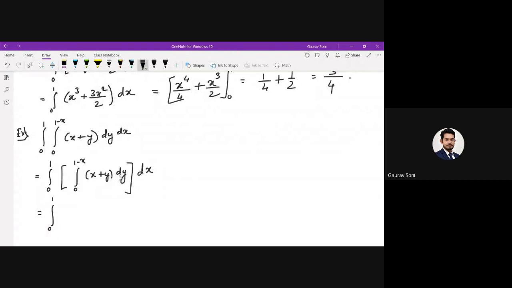Integrate with respect to y. The first one will be xy plus y square by 2, y square by 2, 0 to 1 minus x dx.